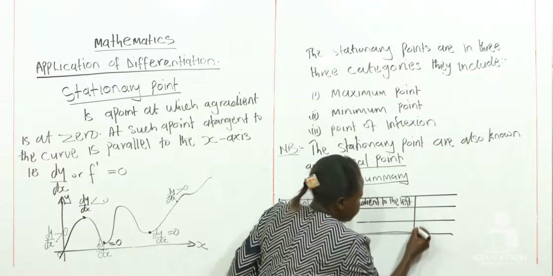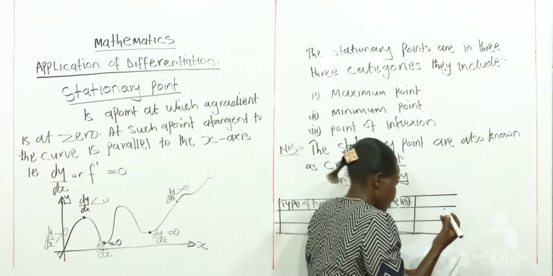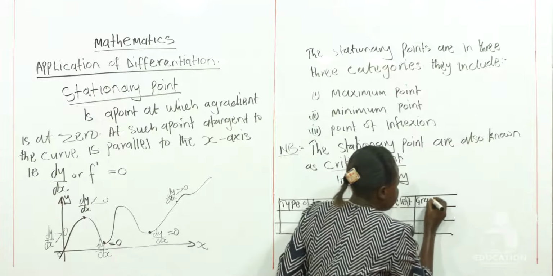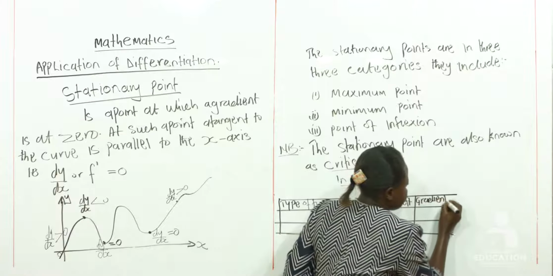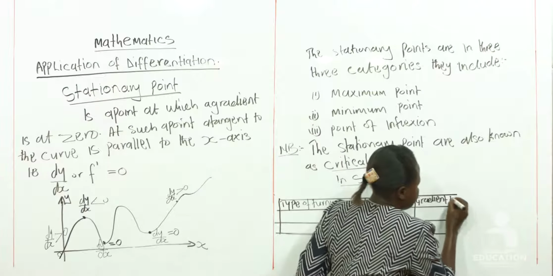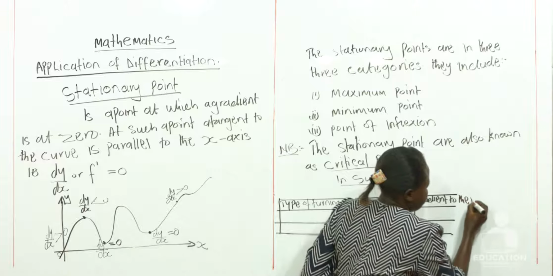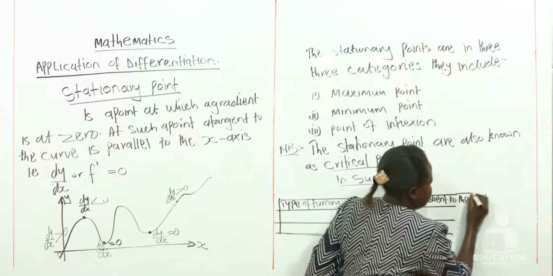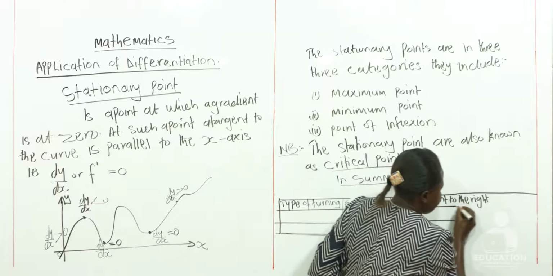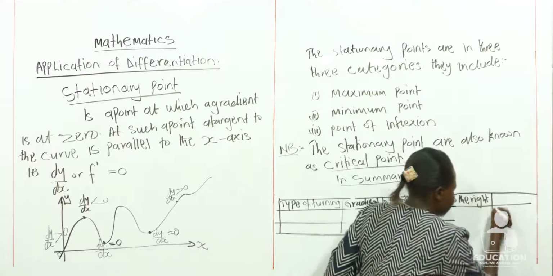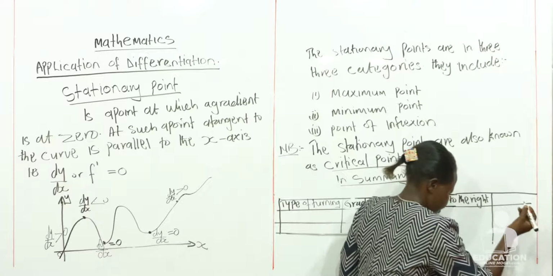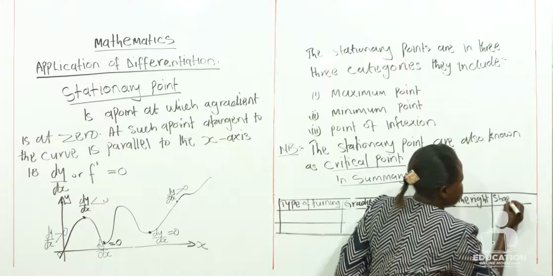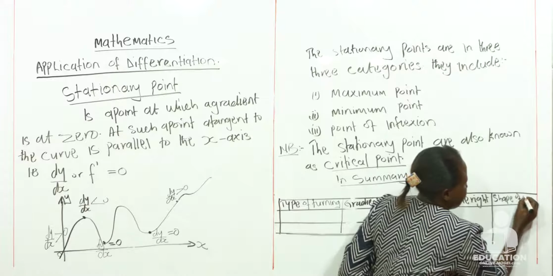And then we have gradient to the right, and then lastly we have the shape of a curve.